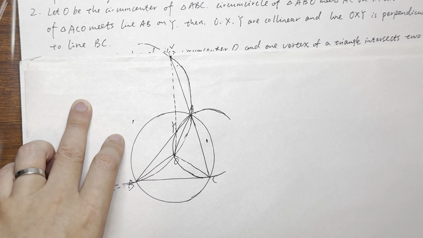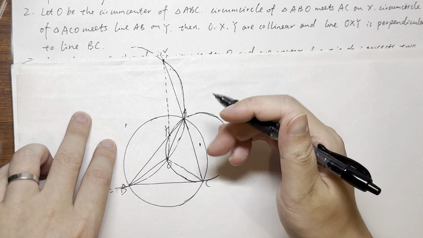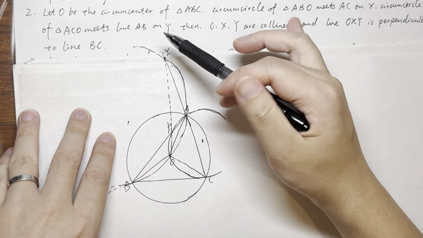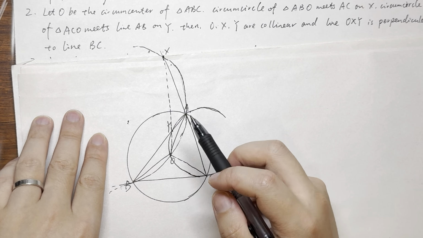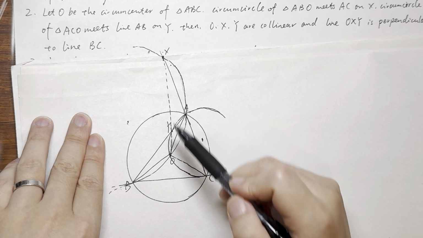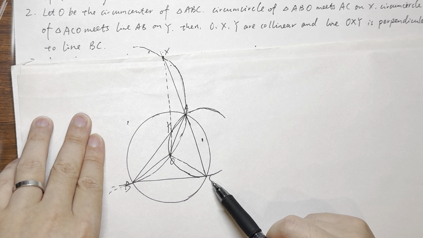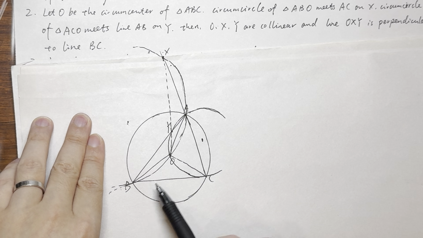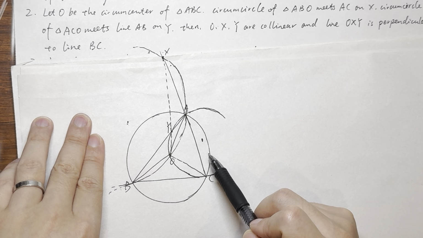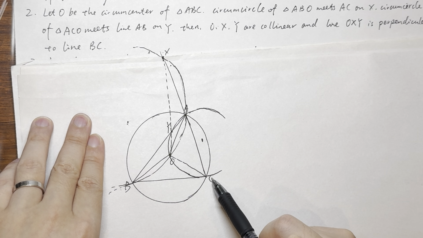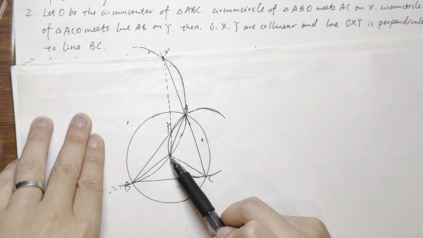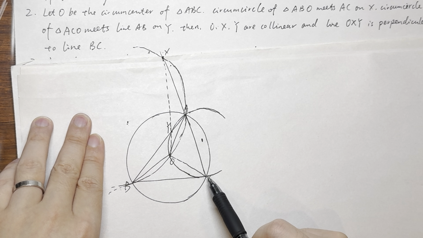So this problem is a little tricky, right? Because we don't really need to prove that X, Y, O are collinear. We just need to prove that either XO or YO is perpendicular to BC, because O is the circumcenter of the triangle ABC. If YO is perpendicular to BC, that means YO is the perpendicular bisector of BC, and the perpendicular bisector of BC is only one line.